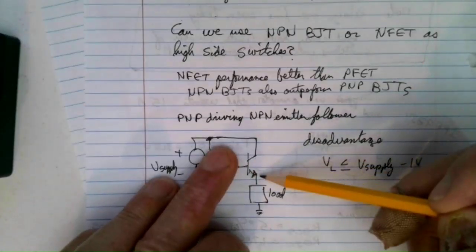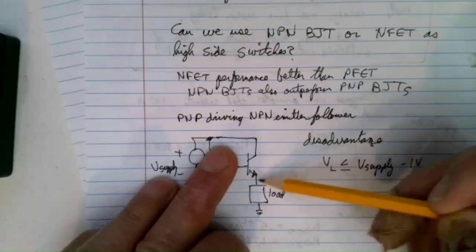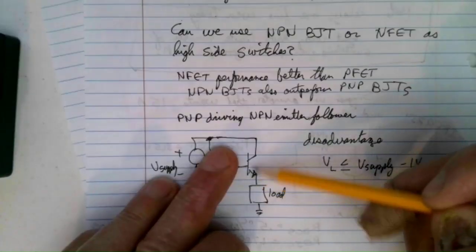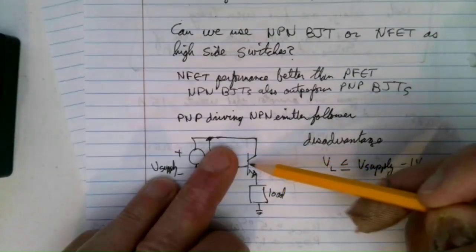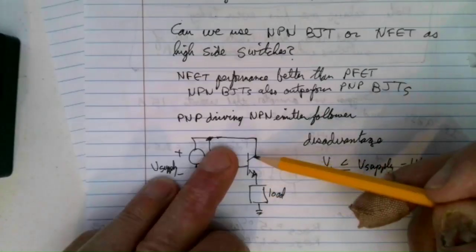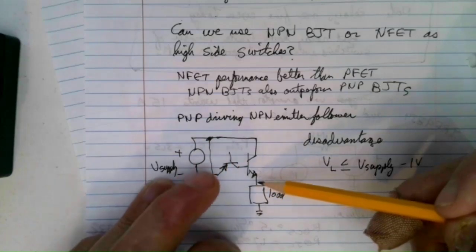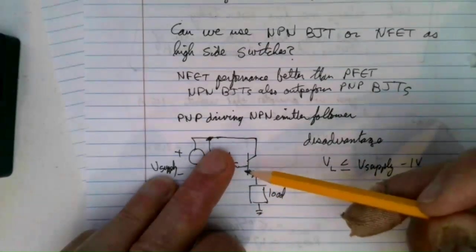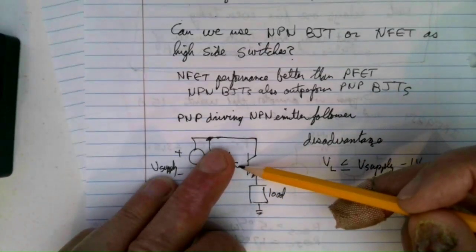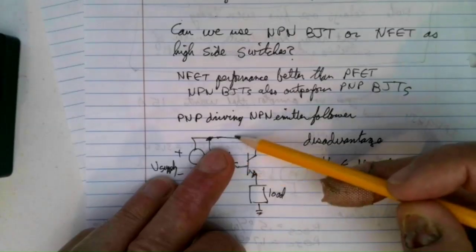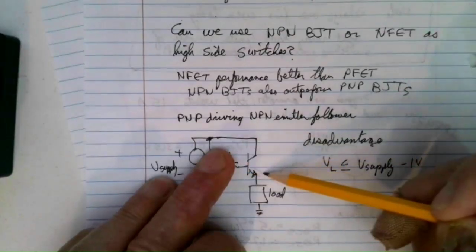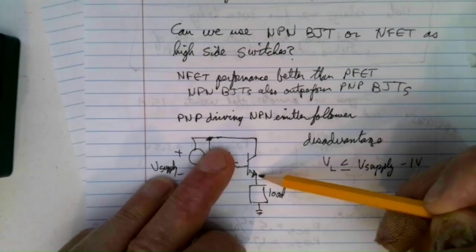And hopefully you recognize that as an emitter follower. The output is on the emitter, and you have to put it this way because it's the way the current flows through an NPN BJT, in the collector and out the emitter. So the load has to go down here. And maybe you see right away that the disadvantage of this is that I can pull that base all the way up to the supply voltage here, and the emitter is going to lag behind by 0.7 of a volt.